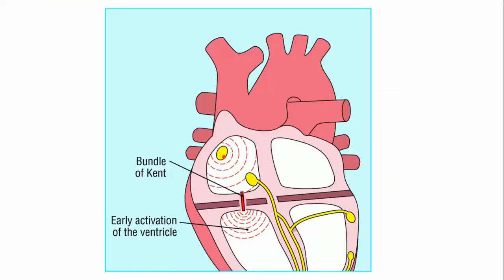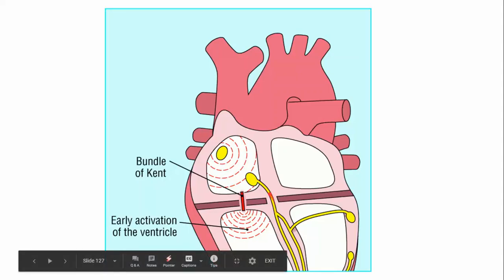The normal signal is supposed to start at the SA node, and then the AV node gives this compensatory pause, okay, which is what the PR interval is. It's like the AV node is like a stoplight. It allows the blood to catch up with the electrical conduction. And then the signal goes down to the bundle of His and Purkinje fibers.